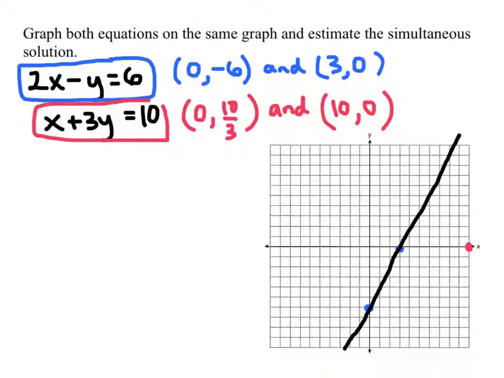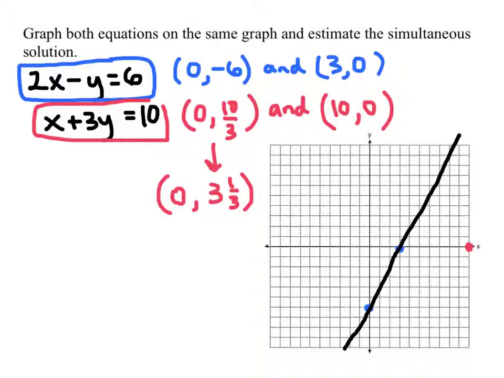And paying attention to my second intercept, I look at 10 thirds and I notice it's a fraction, so it's kind of hard to graph it right away unless I consider the mixed number form of it. So 0 comma 10 thirds, that's equivalent to saying 0 comma 3 and 1 third.